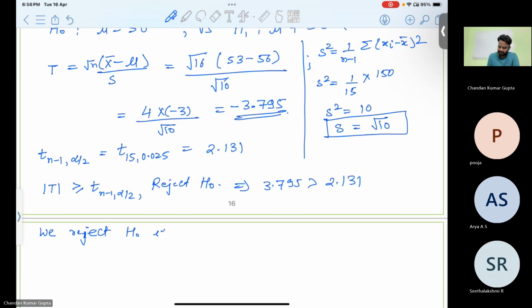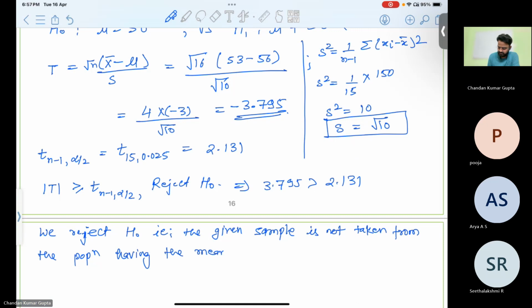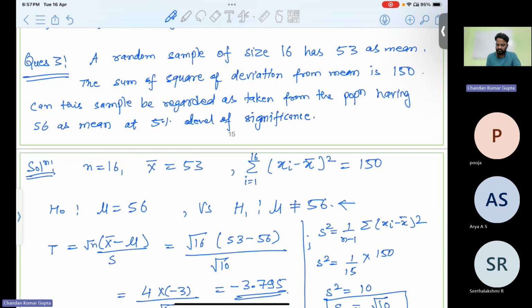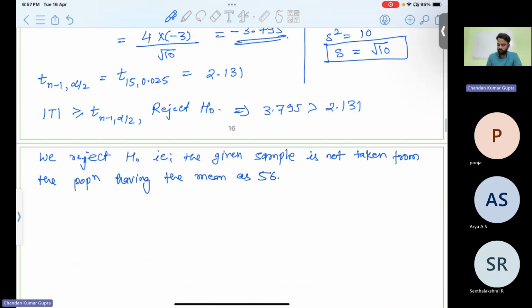That is, the given sample is not taken from the population having the mean as 56. We are testing whether this sample is taken from the population having the mean 56. So no, it is not, because we reject the null hypothesis.